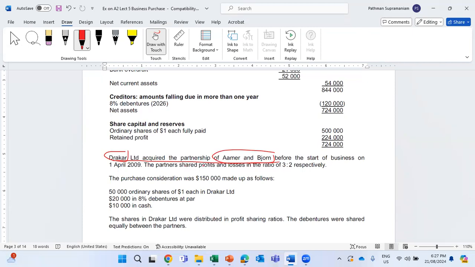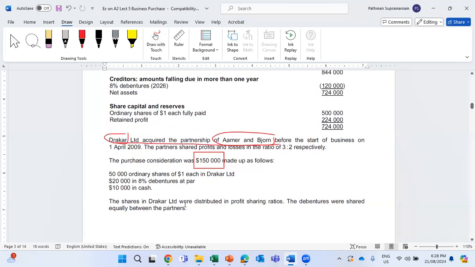Okay, so the partners shared profits and losses in the ratio 3:2 respectively. Okay, so this is the part where you're told what the purchase consideration is, 150,000. And this is the part where the question tells you in what form the purchase consideration is paid. Okay, so it is settled in the form of shares, debentures, and cash.